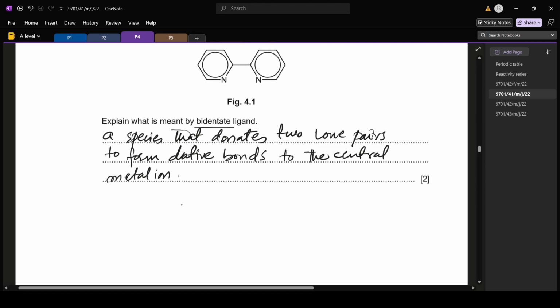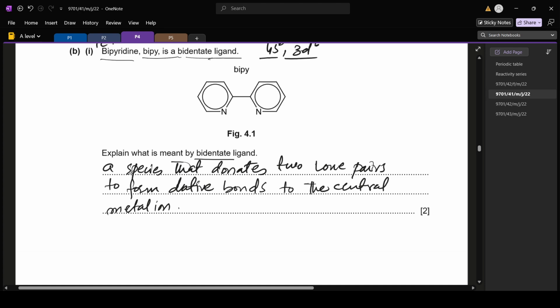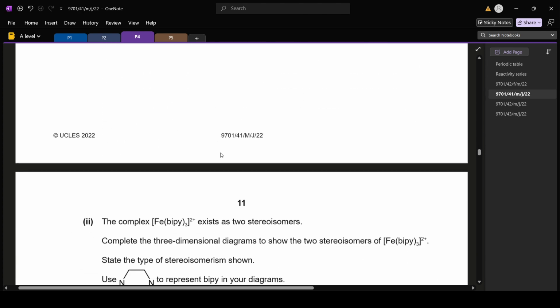A species which donates two lone pairs is called a bidentate ligand.